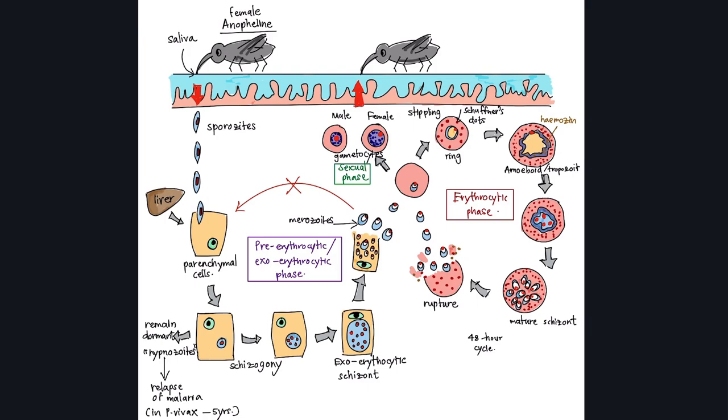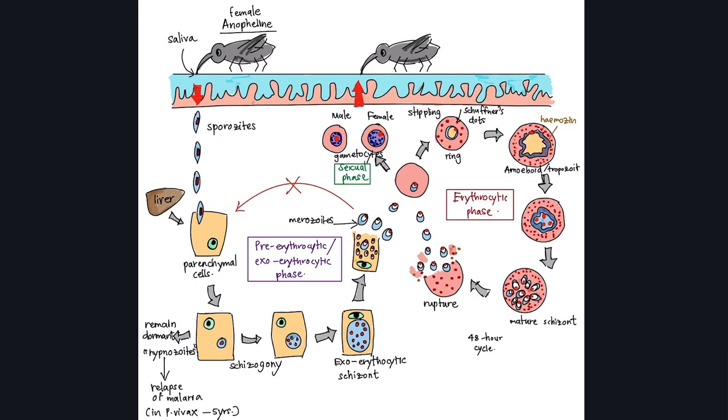So when you come to the life cycle, there are two hosts in the life cycle of malaria: the definitive host and the intermediate host. How do we define the host? A definitive host is the host that has the sexual part of the life cycle of that parasite.